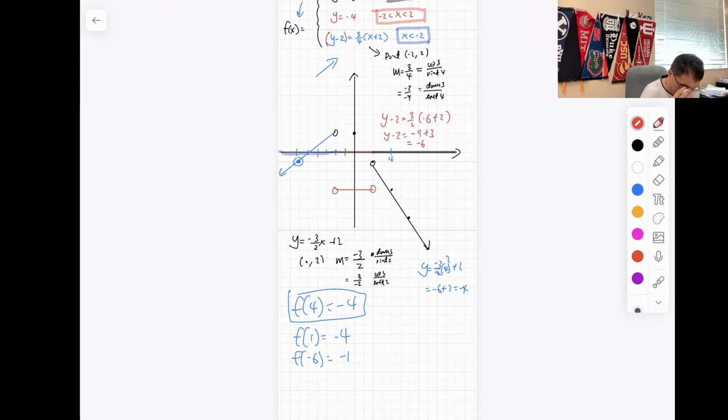Wait, did I do something wrong? Hold on a second. Let's not do that. So it'll be y minus 2 equal to 3 over 2 times -4.